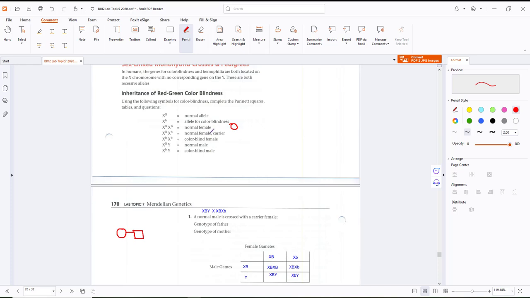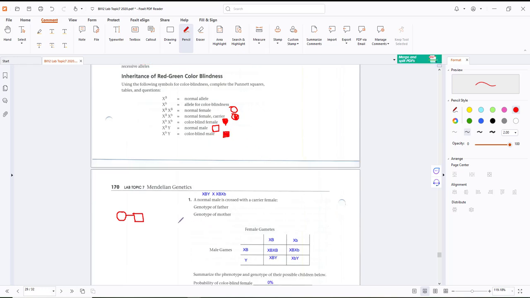A carrier would be half shaded because she carries the trait. A colorblind female would be fully shaded. Normal male would be square, unshaded. Colorblind male would be fully shaded because he has the trait. Okay. All right.